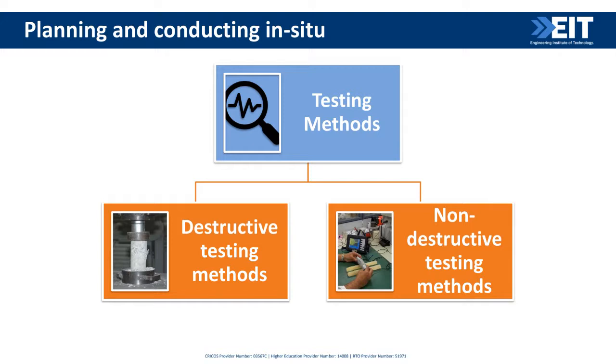And non-destructive, definitely it's not going to modify the member's properties, okay, or affect the service of the entire structure. I think this is a clear difference. I truly believe you all are very familiar with these definitions, right?